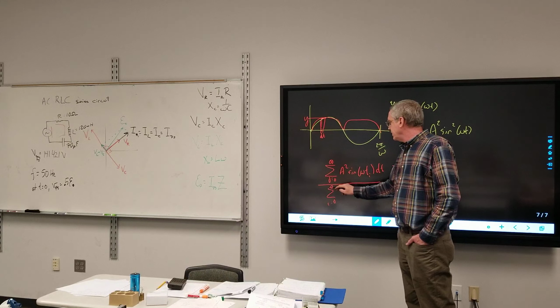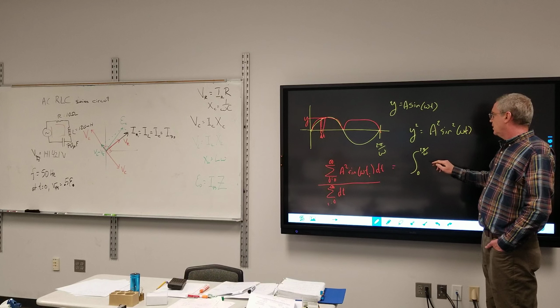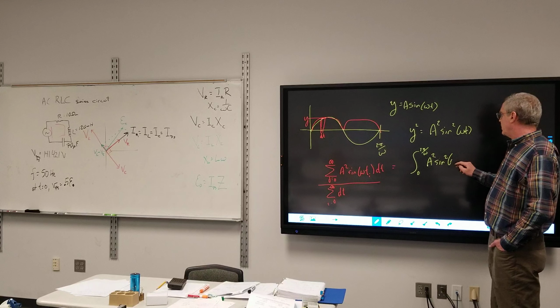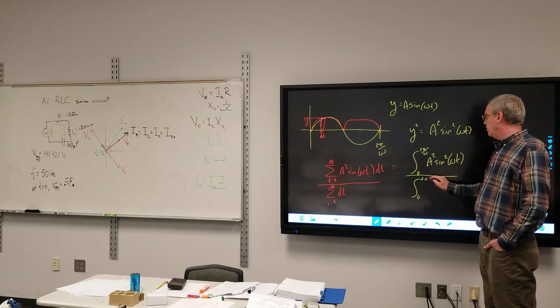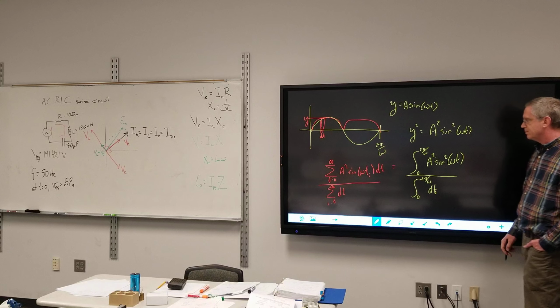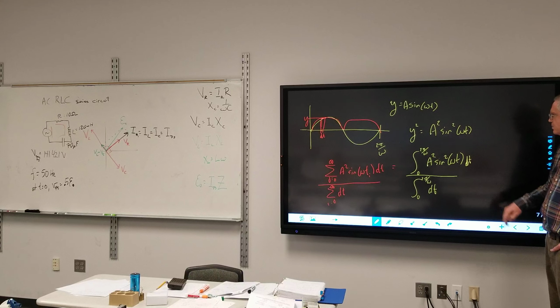The calculus version of it is we're integrating from 0 to 2 pi over omega a squared sine squared omega t divided by the integral from 0 to 2 pi over omega of dt. Oops, I lost my dt here.